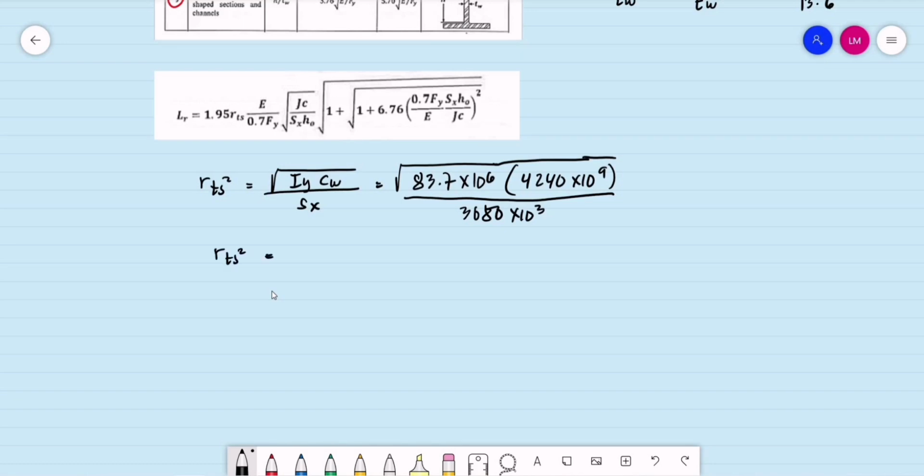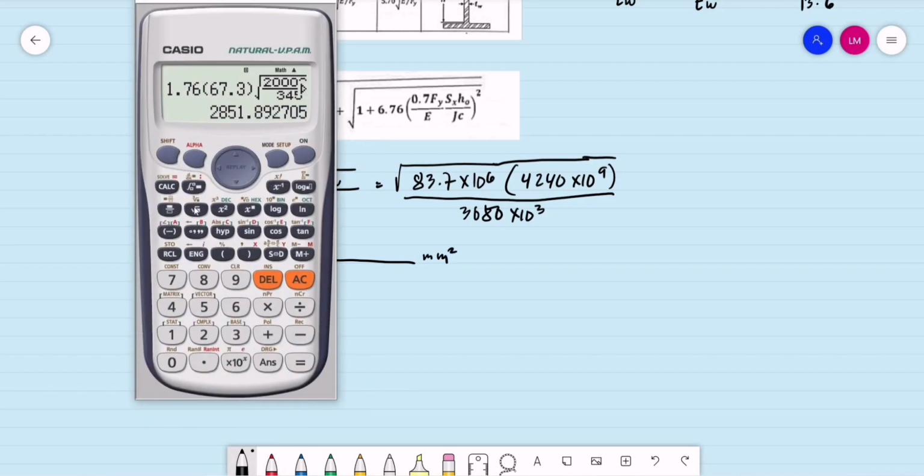So we'll be having the equivalent of the R sub TS squared, in terms of square millimeters. So we have the square root of 83.7 times 10 raised to 6, multiplied by the warping constant 4,240 times 10 raised to 9, divided by 3,080 times 10 raised to 3.